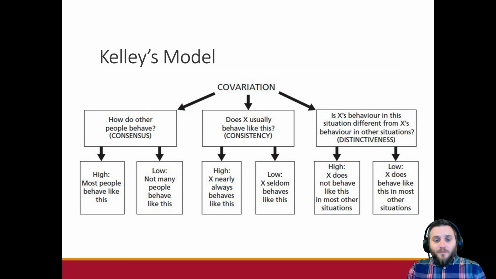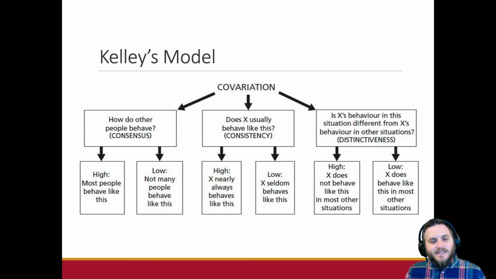And then the final piece is distinctiveness. Is X's behavior in this situation different from X's behavior in other situations? So high distinctiveness, X does not behave like this in most other situations. And so it's very distinct that this behavior is occurring like this.